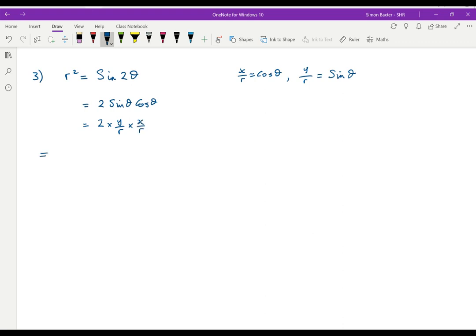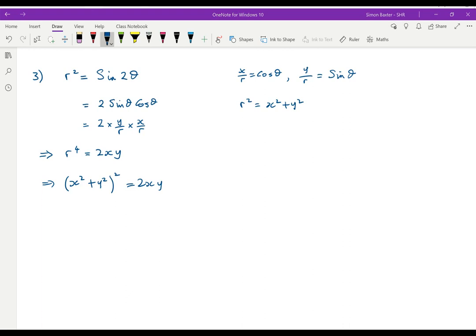Multiply both sides by r squared, we get r to the 4 is 2xy. r squared as before, Pythagoras gives us x squared plus y squared. And so we have x squared plus y squared, all squared, is 2xy.